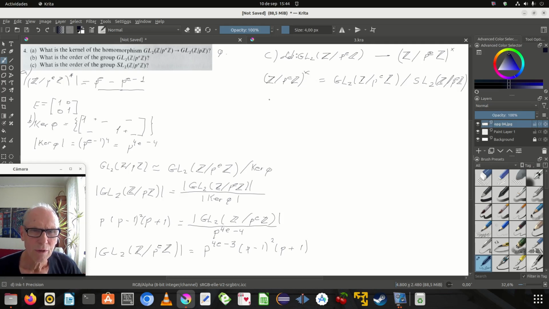There we go. So that's the number of elements here. We have that there, up there. Equals, and the general linear group we have here. And this is the guy we want to find.